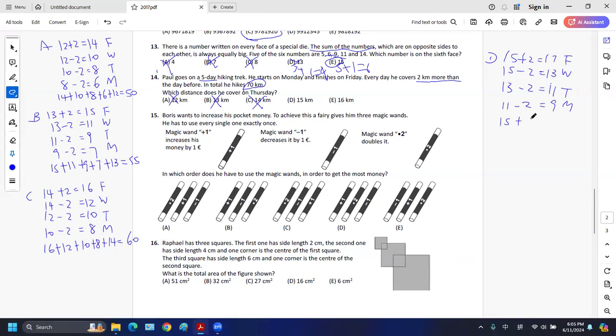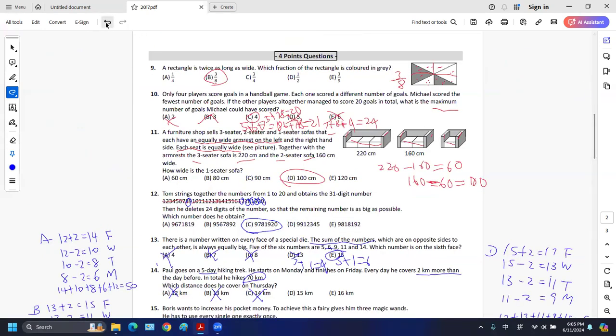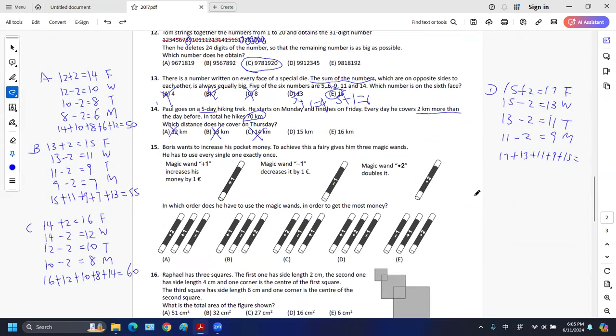Now 17 plus 15 plus 13 plus 11 plus 9 equals 65. So D is wrong if that is not 70.